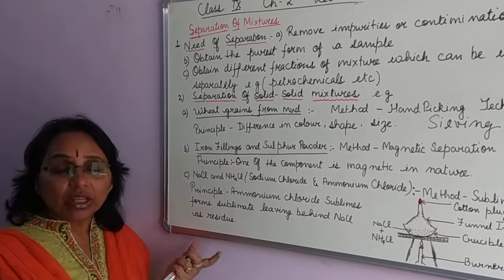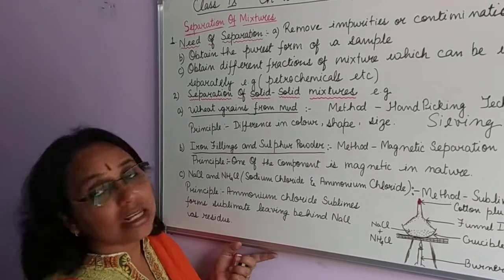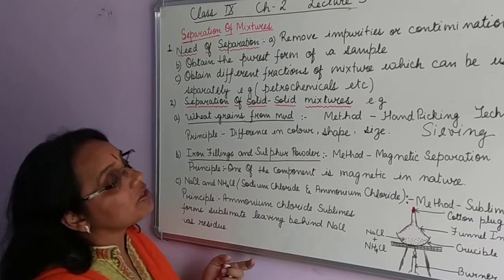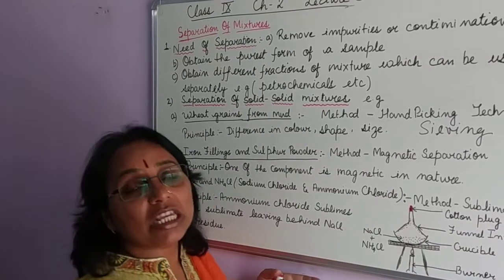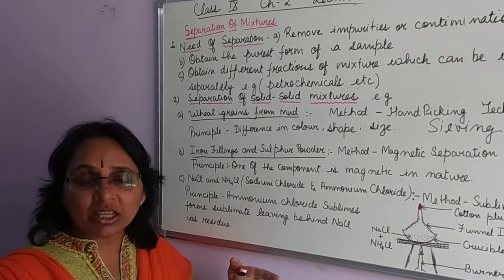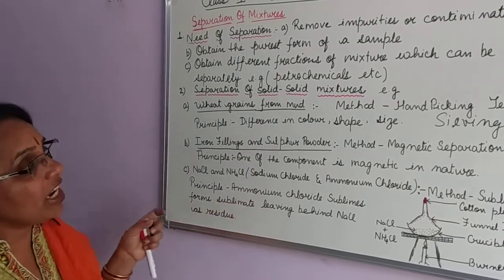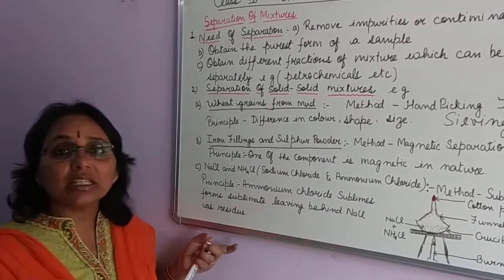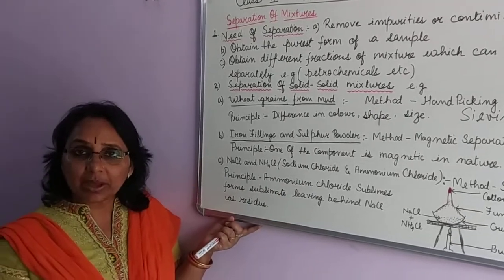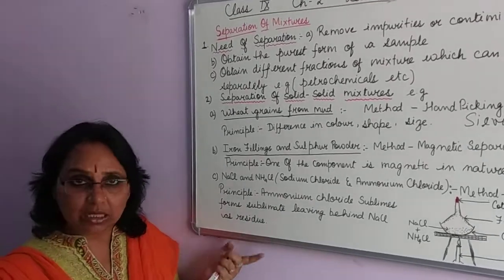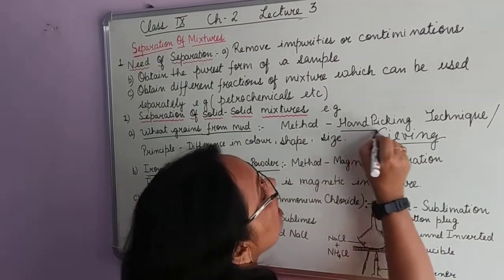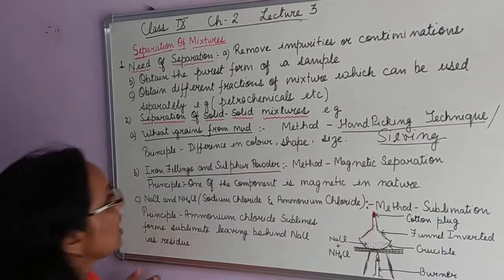If the mud particles are very small, we can sieve these mud particles with the help of a sieve or the wire mesh that is available in the market. Whenever we use this sieving technique, the fine mud particles pass through the pores and get separated from the large wheat grains. So sieving and hand picking are techniques which can be used for the separation of mixtures.